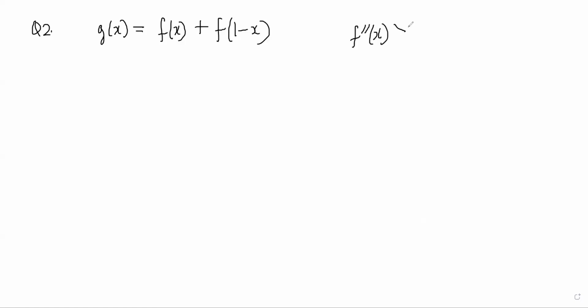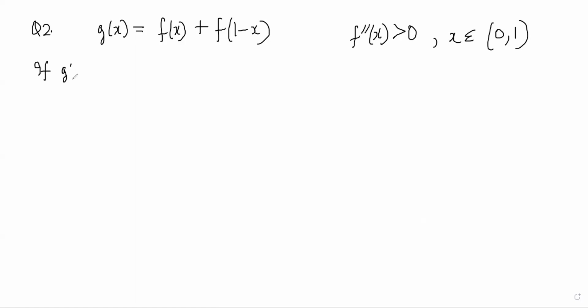Okay, we'll go to the next one. Question 2: g of x is f of x plus f of 1 minus x, and f double dash x is greater than 0 for x belonging to 0 to 1.